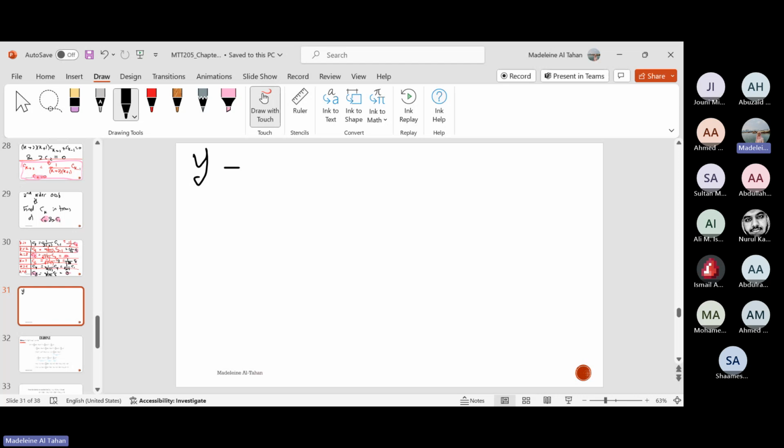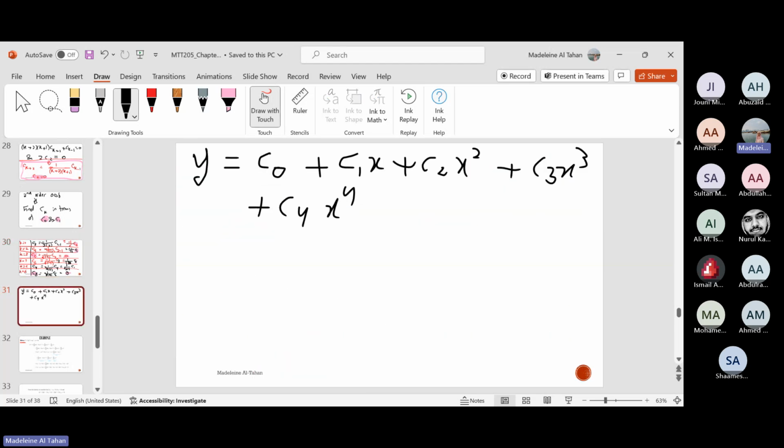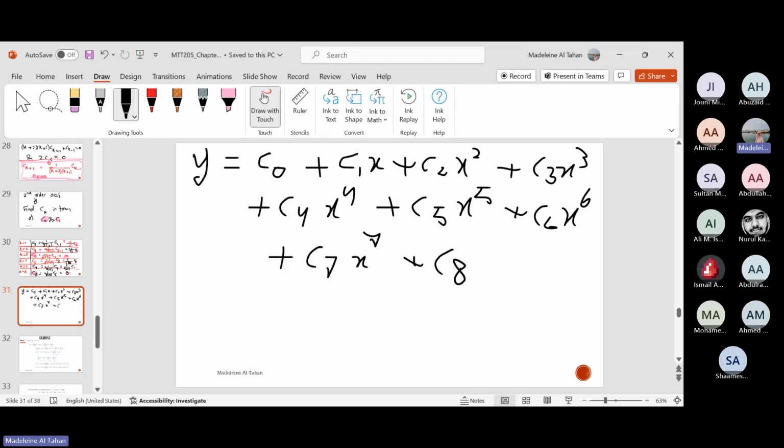So now the solution is y equals C0 plus C1x plus C2x squared plus C3x cubed plus C4x to the 4. How many should I write? The ones that I found in the table. I found till C8, right? Plus C5x5 plus C6x6 plus C7x7 plus C8x8 plus.